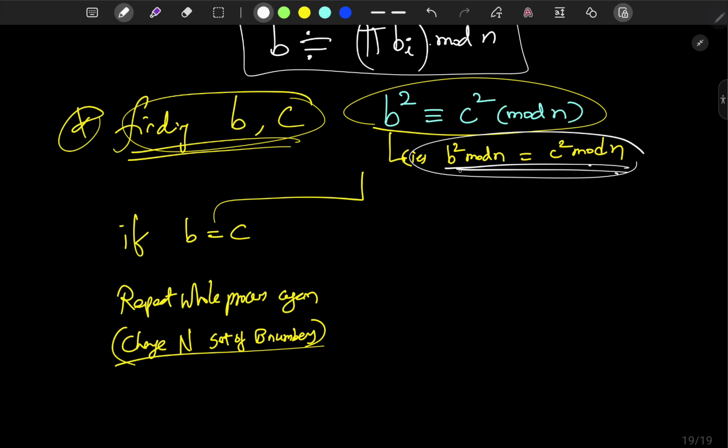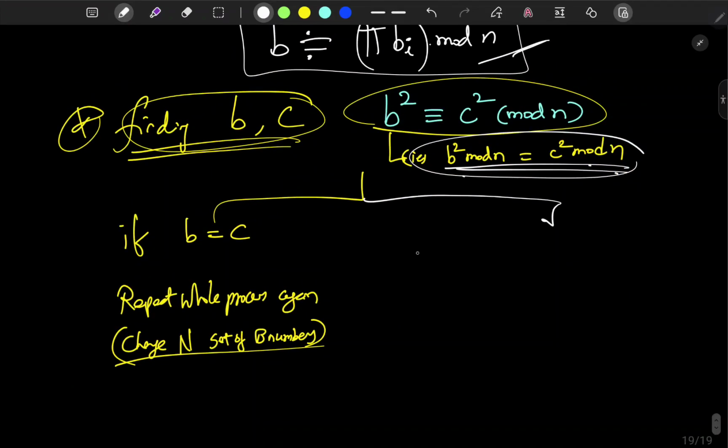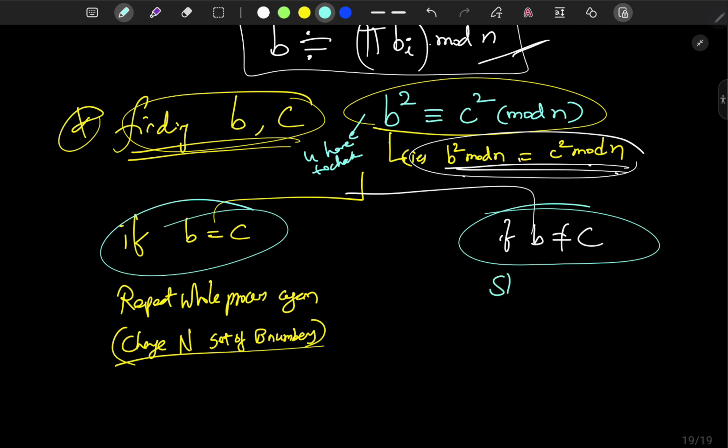This will satisfy. After this is satisfied, there are two conditions. If B equals C, meaning exact B and exact C are this value, then repeat the whole process again. If B not equals C, first this has to happen, you have to check it. After checking, there are sub cases. If B is not equal to C, then stop the algorithm, stop the process and report the factors.